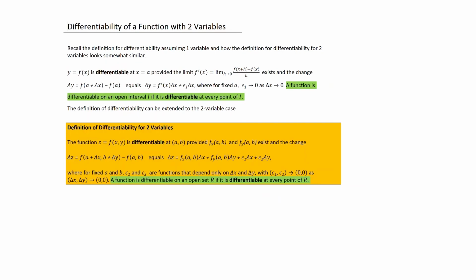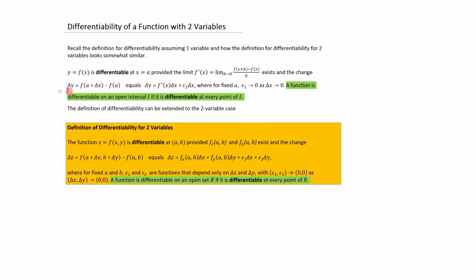All right, so now let's extend the notion of differentiability to two variables. And I've just basically repeated here what the definition for differentiability for one variable was. And just to repeat, we have basically that the derivative f prime of x was just a limiting process of the difference between two points divided by the distance h.